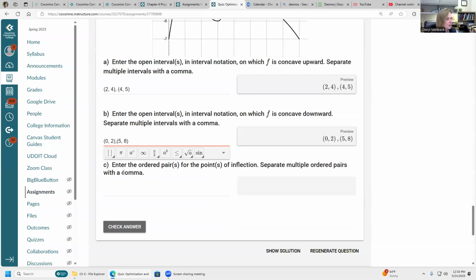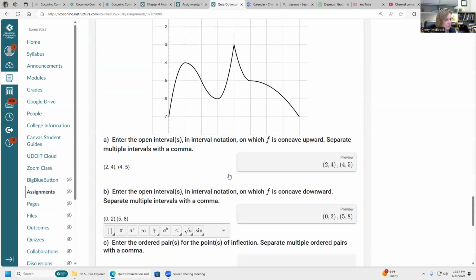And then enter the ordered pairs for the points of inflection. Points of inflection are defined as where the curve changes from concave upward to concave downward, or vice versa. So going back to our graph here, it looks like we are changing from concave downward to concave upward.